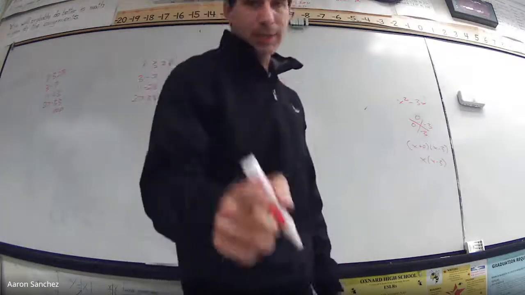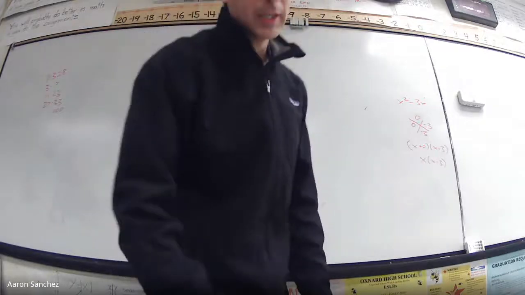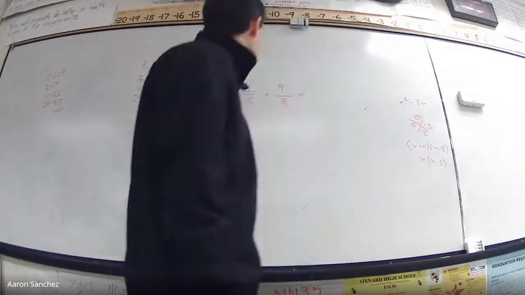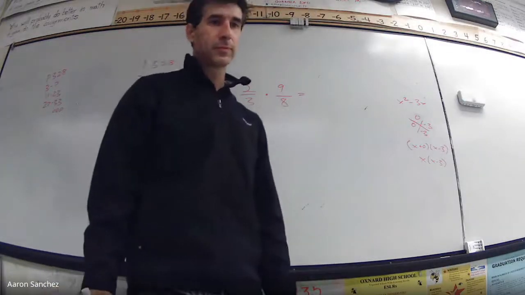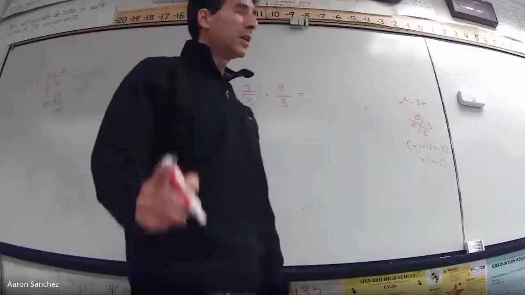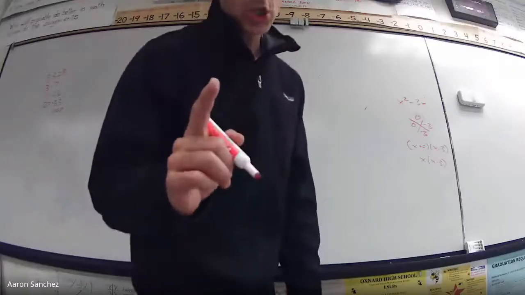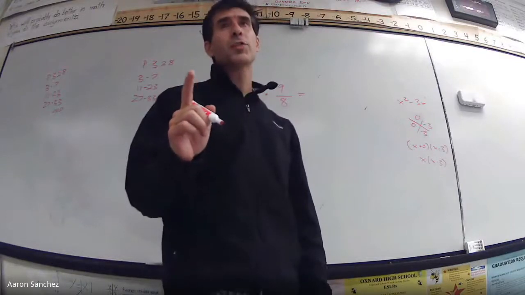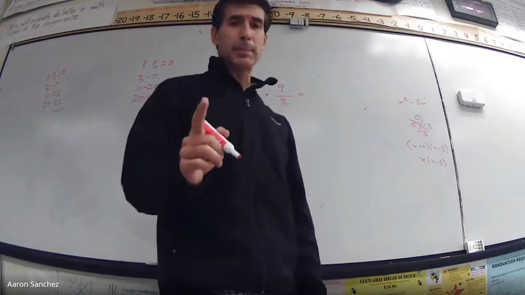So if you don't need a common denominator, what's the first thing I'm going to do? Let's go with Kevin. What do I got to do here? Would it be cross multiply? No. I'm trying to think of what you mean by that. Like the 2 times the 8 and the 3 times the 9?